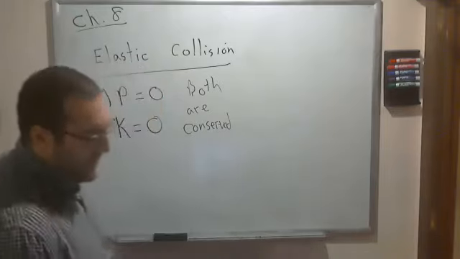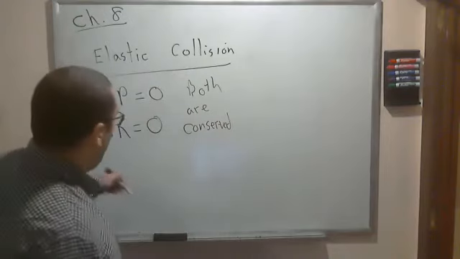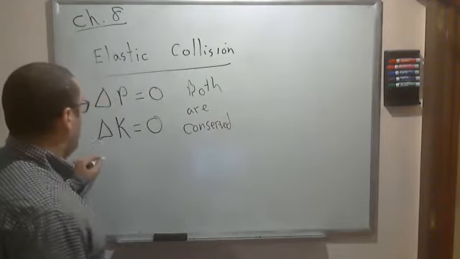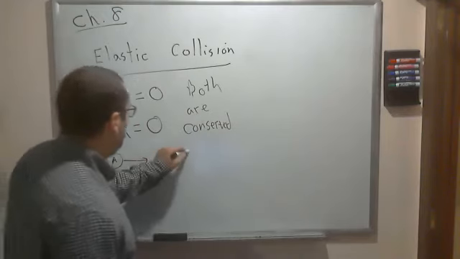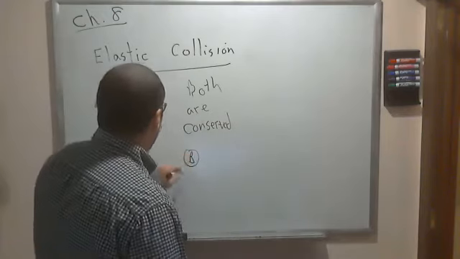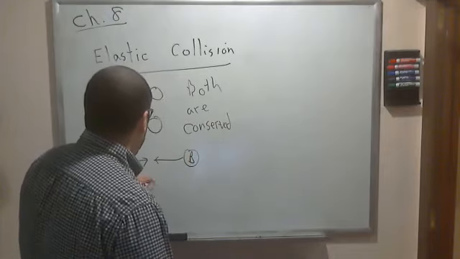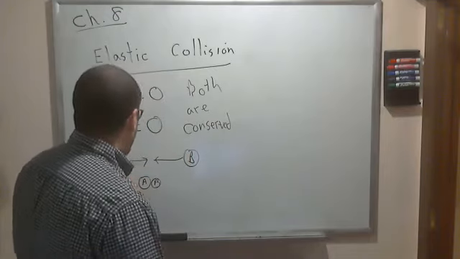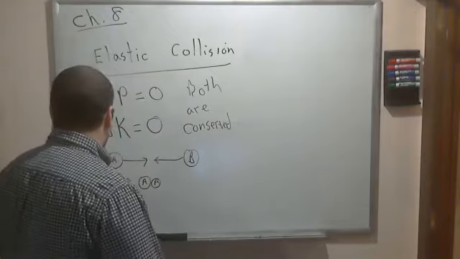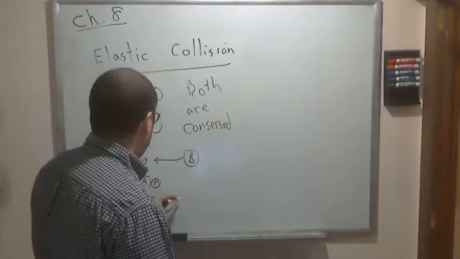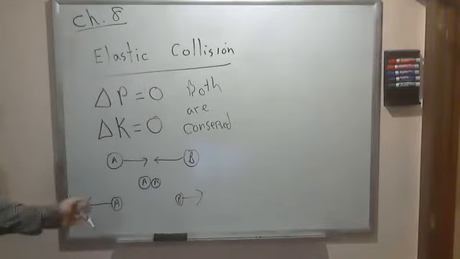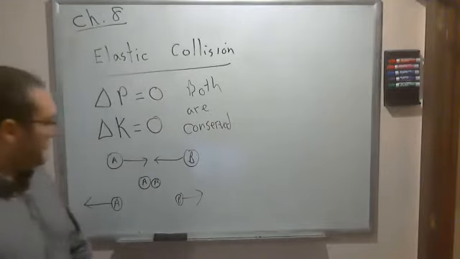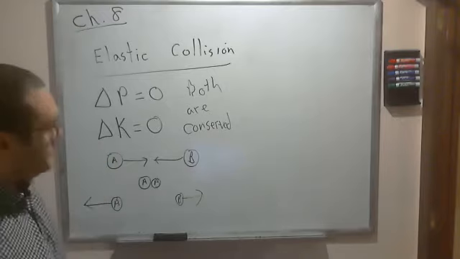And this usually happens in that initial situation where we have the two balls colliding, right? They collide, and then they bounce back. They change their velocity to move away from each other. That's usually an elastic collision.